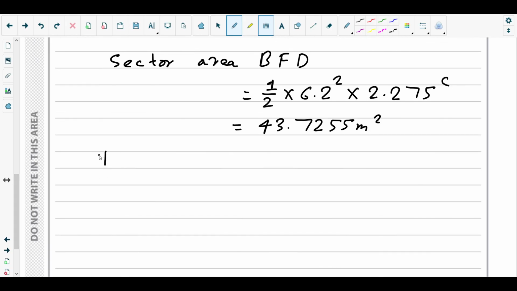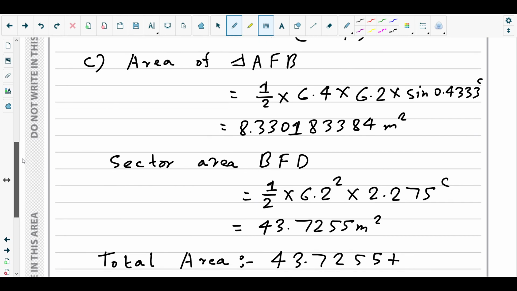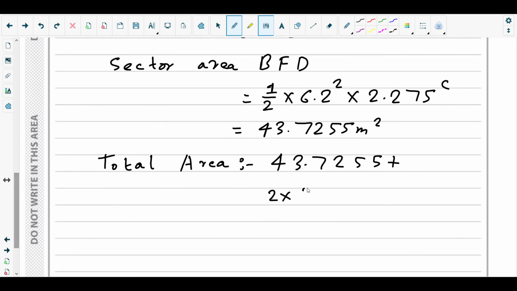So total area, we will just add them up. 43.7255 plus twice the area of triangle AFB, that is 8.33 something.